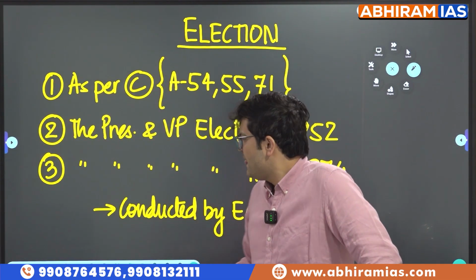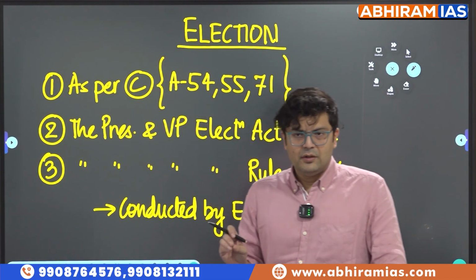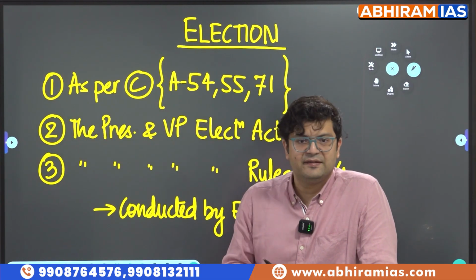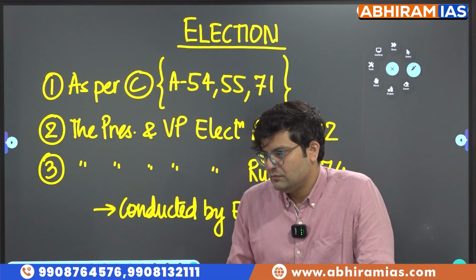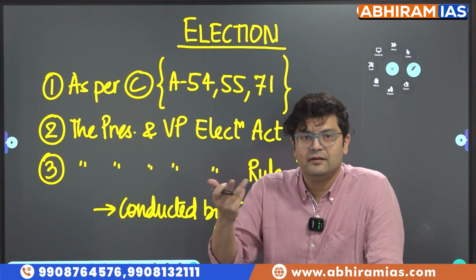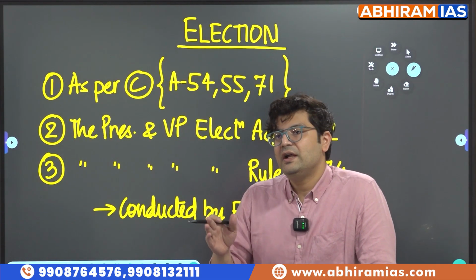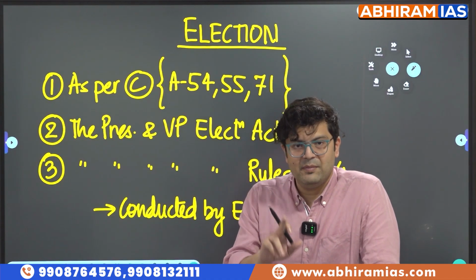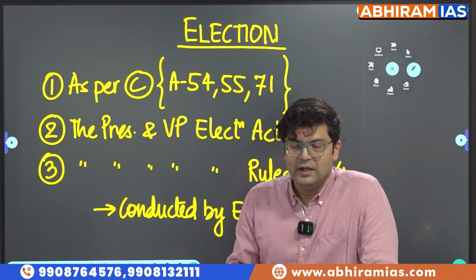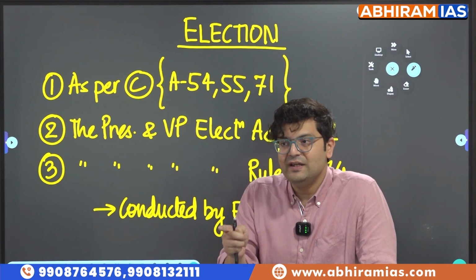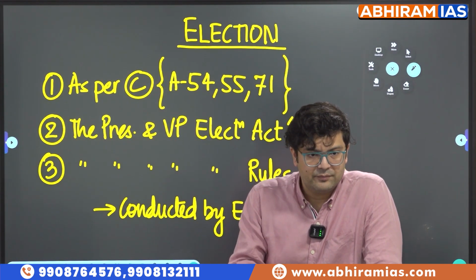So very simple. If you look at the election of President, only elected MPs and elected MLAs can vote. So we can't vote. Unless somebody sitting here is a hidden secret MP or MLA. We can't vote. Only elected MPs, elected MLAs of states can vote. Now, when I say states, certain UTs are also included.